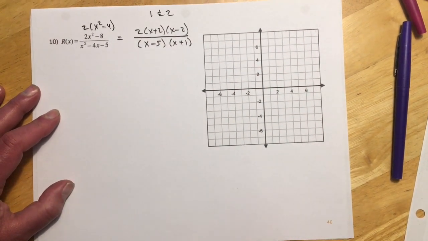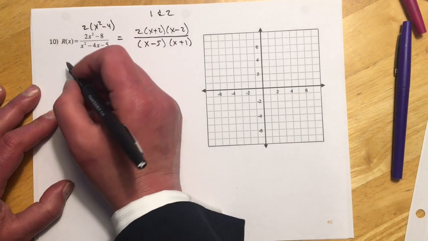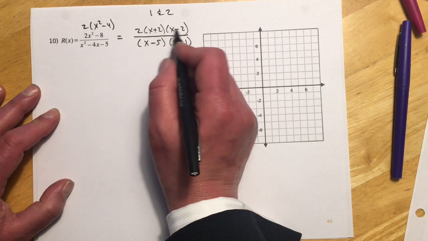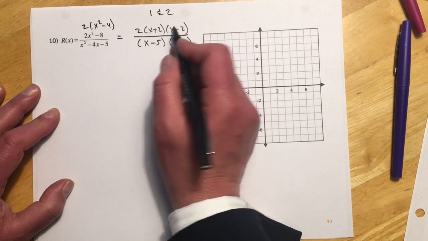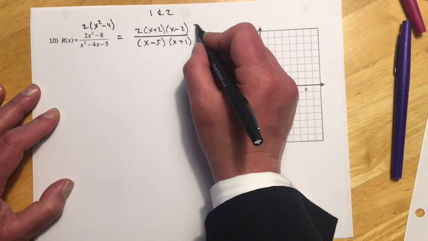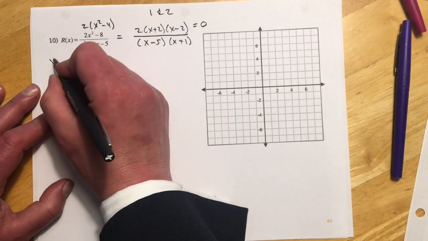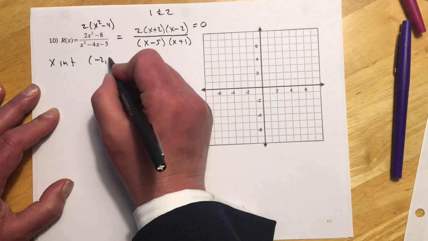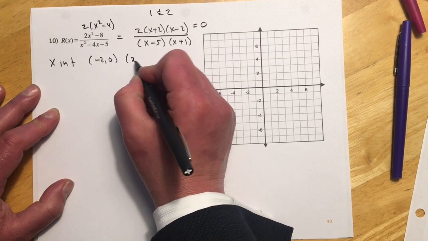Step 3 is find the x and y intercepts. Let's do that. So the x-intercepts I can grab right here from the numerator. So remember, to get x-intercepts, we just set the numerator to 0. So my x-intercepts are going to be negative 2, 0, and 2, 0.